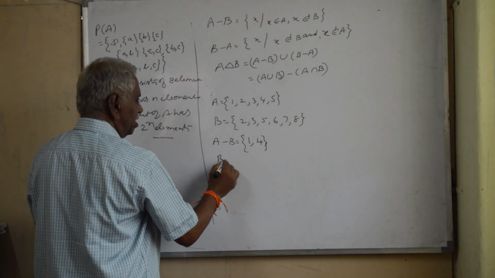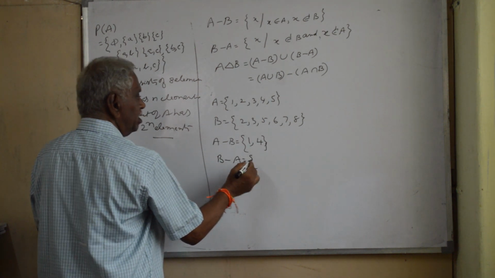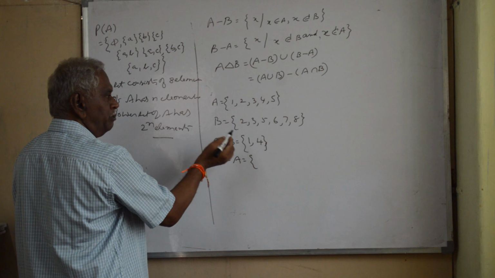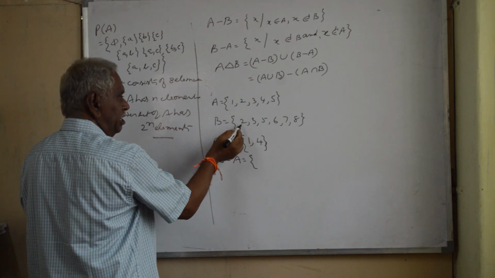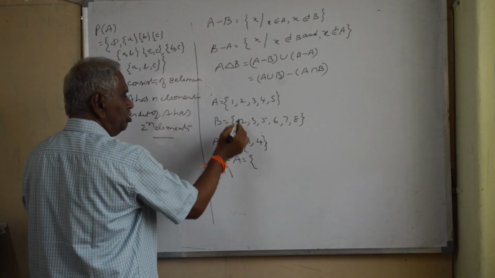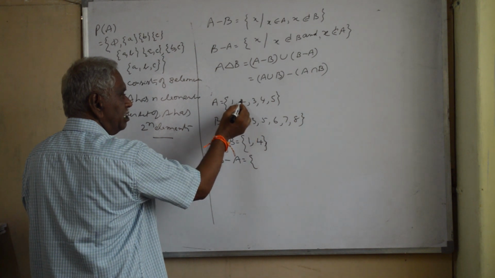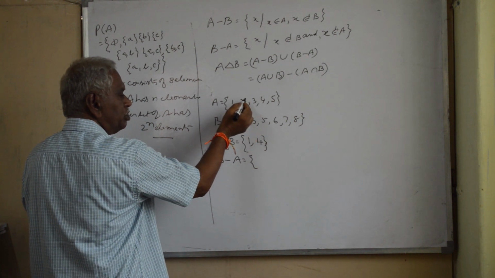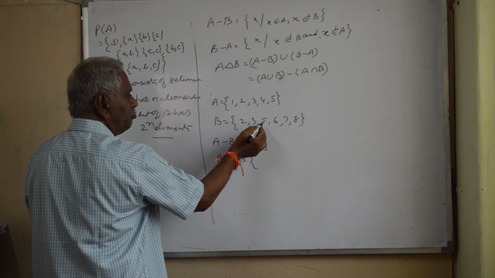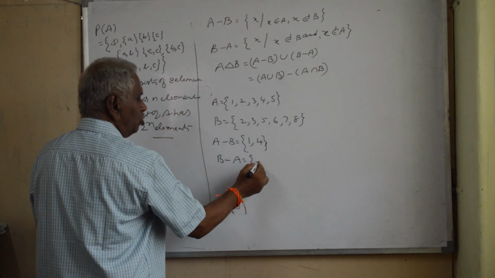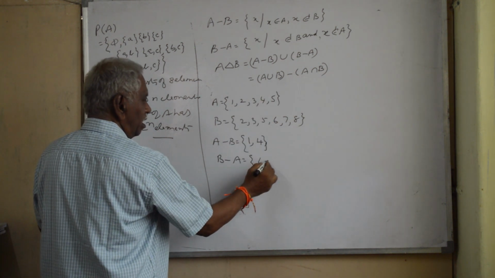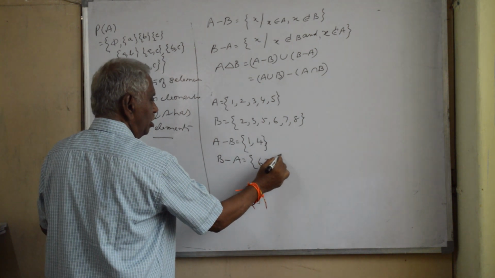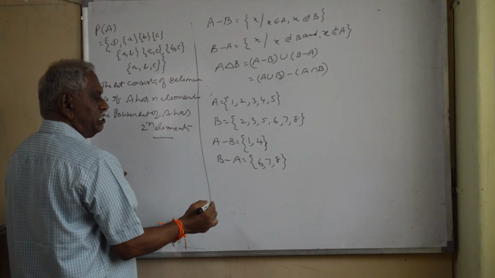And similarly B minus A. What is B minus A? The elements which are in B but not in A. 2 is in B but it is also in A, so you have to ignore it. 3 is an element of B but it is also an element of A, so you ignore it. 5 is also in both. 6, 7 and 8 are taken. So B minus A is {6, 7, 8}.